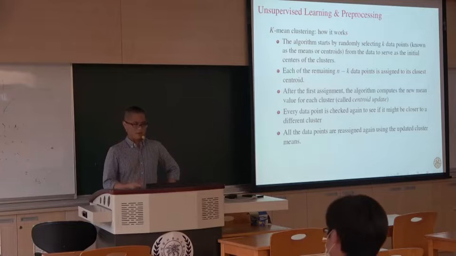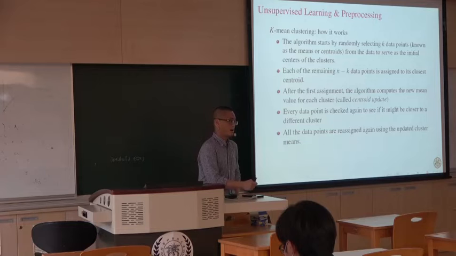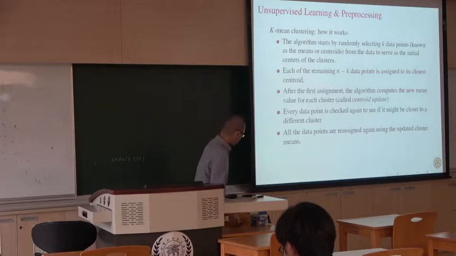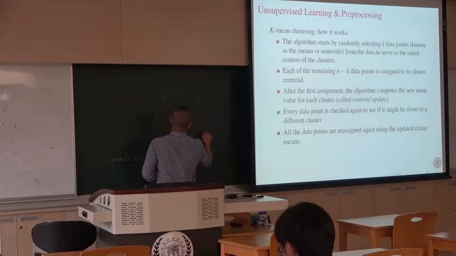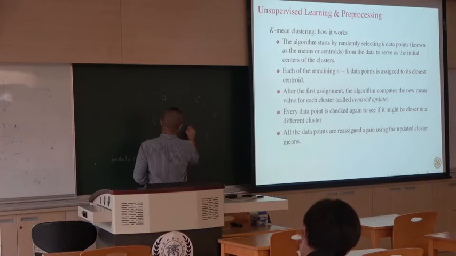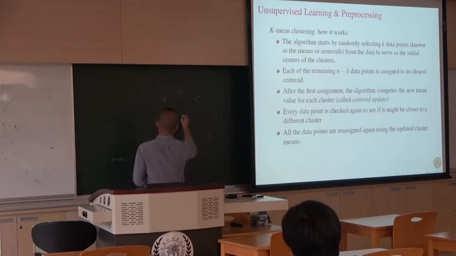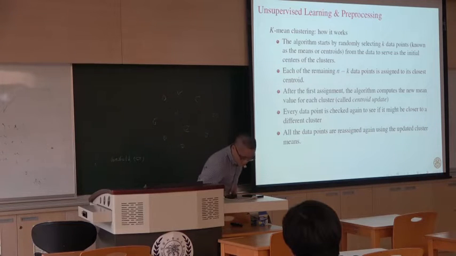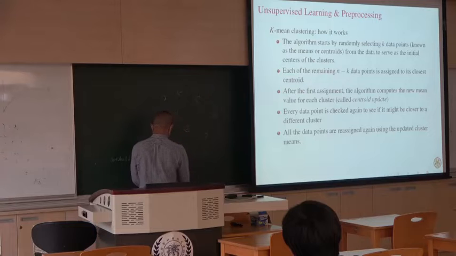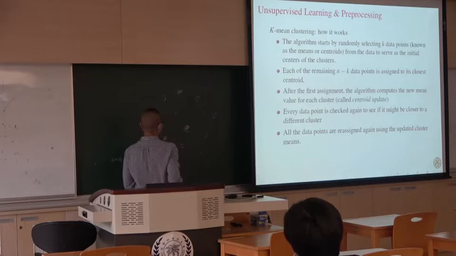So how it works, of course, you begin by first randomly picking k points out of all the data points. The first stage is actually pretty simple. So we simply randomly pick 3 points as the cluster centroids.